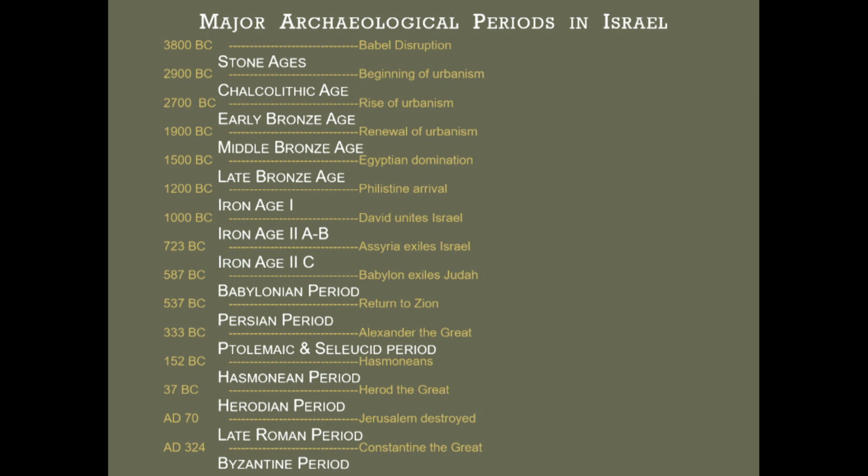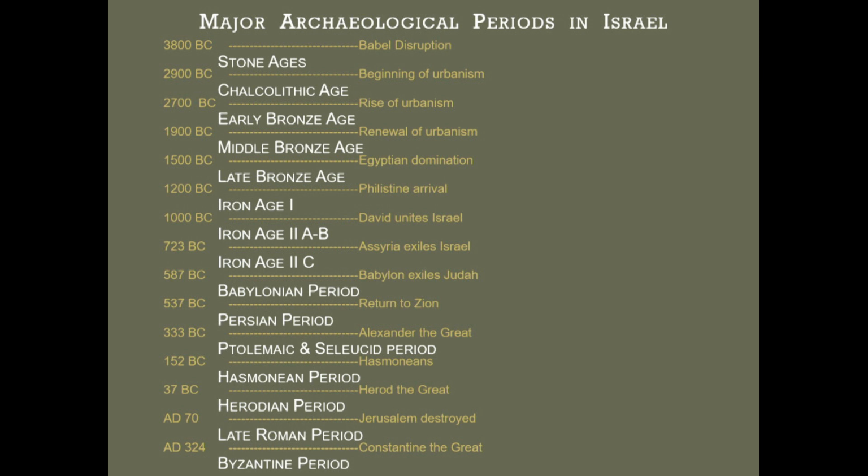Then we have early, middle, and late bronze, followed by some subsets of the Iron Age, Babylonian, Persian, the Ptolemaic and Seleucid, Greek period, Hasmonean, Herodian, late Roman, and on into the Byzantine. If you check out the dates on the left side of this, you will discover that there are some fairly precise dates in the later periods.